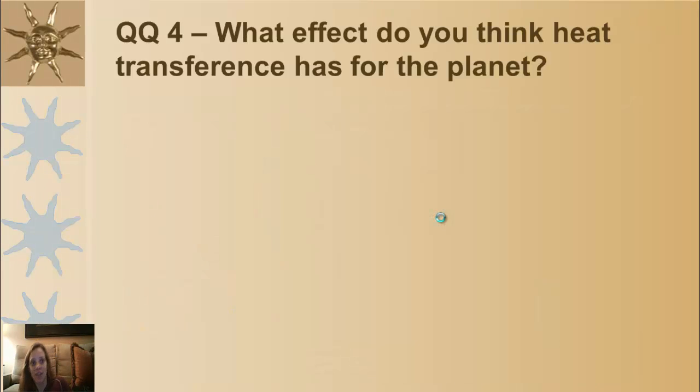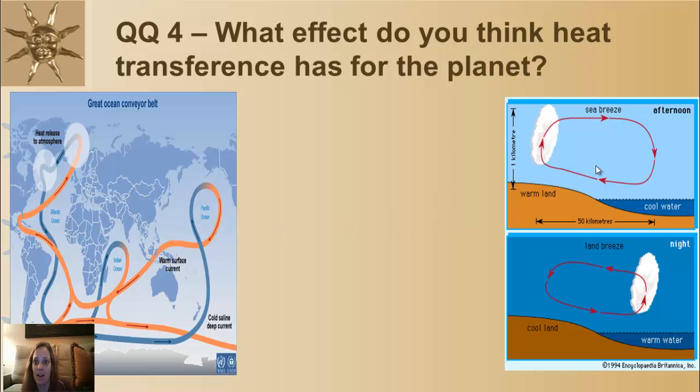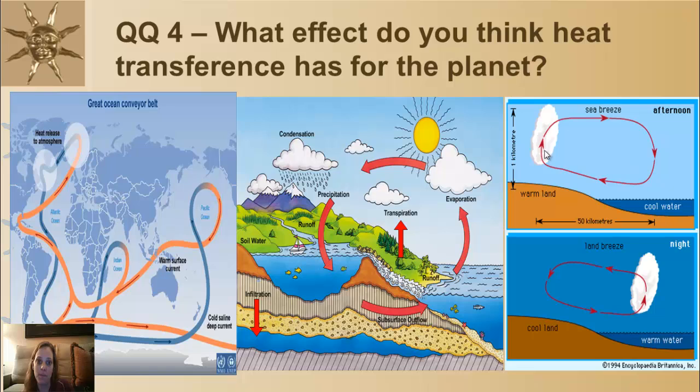So what effect do you think heat transference has for the planet? It has a lot of effects, so let's talk about them. It affects ocean currents. It affects the atmosphere. It affects wind in the atmosphere.